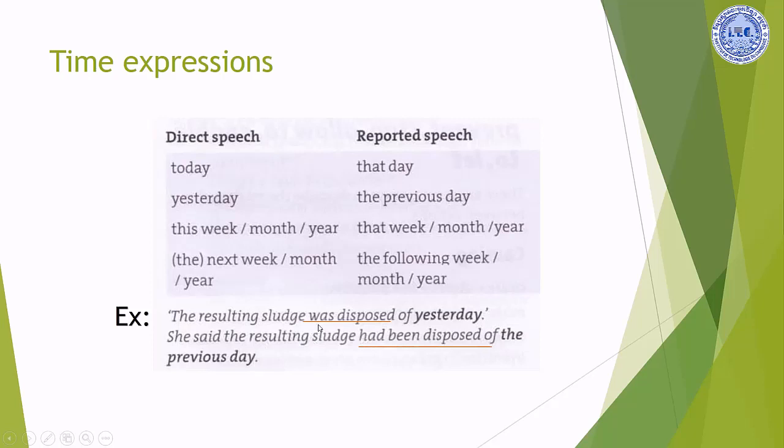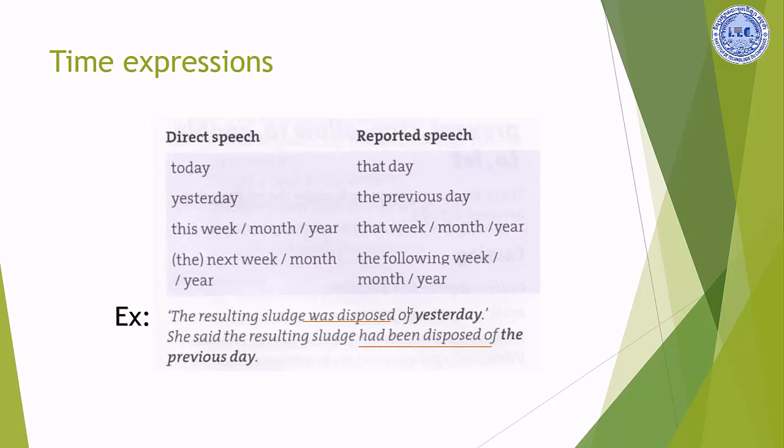Okay, and what I want you to notice is that the red underlined word here, was disposed, is past simple passive. So according to our rule, past simple must be changed to past perfect when we change direct speech to reported speech.